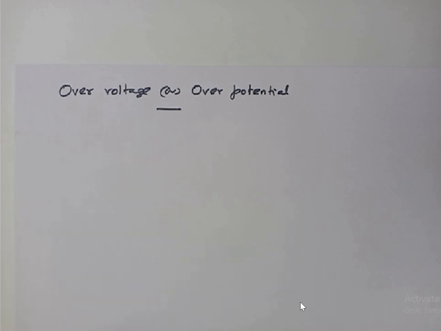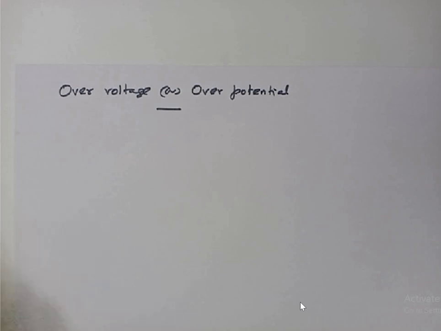And this initially formed layer will prevent the further oxidation or further reduction reaction at the electrode. Okay, so to continue the oxidation or the reduction, you need to give a little more potential, which we call over potential for the respective electrode.